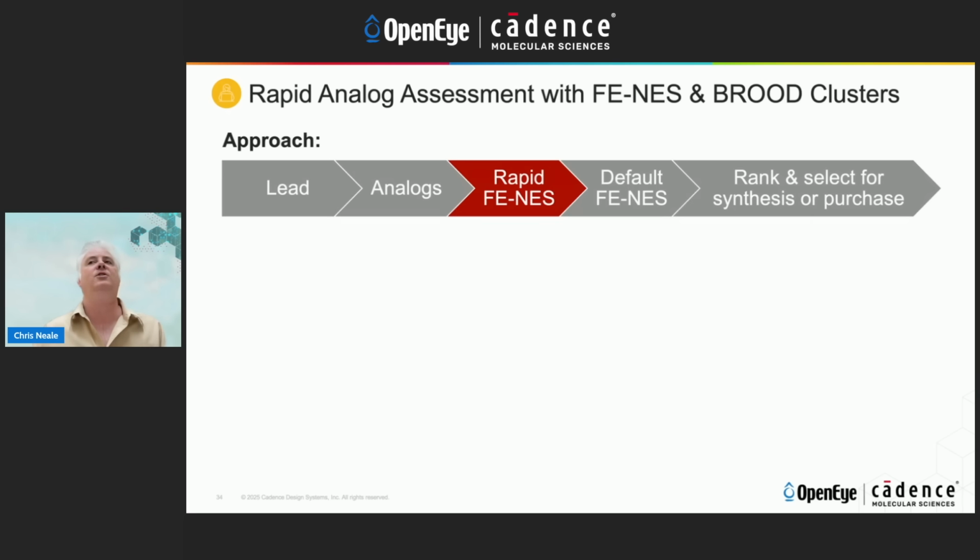So rapid FE-NES could be used in at least 2 ways in your pipelines. The first is an initial triage pre-step where you search through a much larger number of analogs with rapid FE-NES, do some triage, and then run default setting FE-NES on the set of molecules that remain, after which you can make your prioritization decisions. Another way to do it is to just swap out default FE-NES for a rapid version.